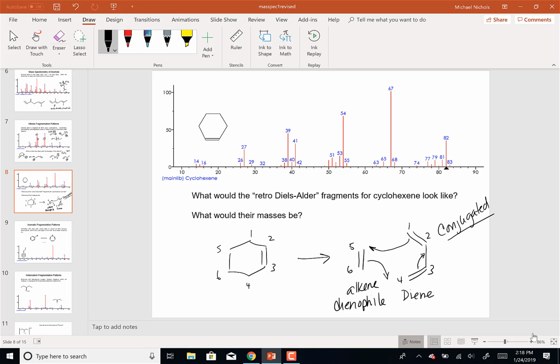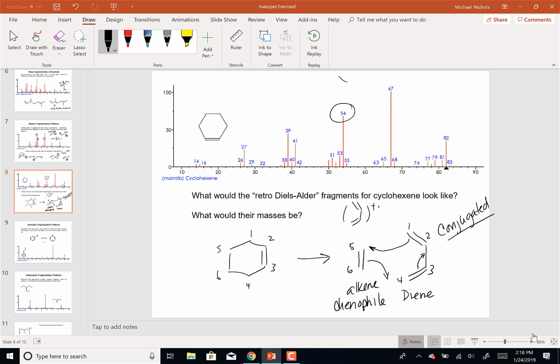If we have the diene as the plus species, then that's a C4 fragment, so that's 48 plus 49, 50, 51, 52, 54. So the 54 fragment in this is the diene.